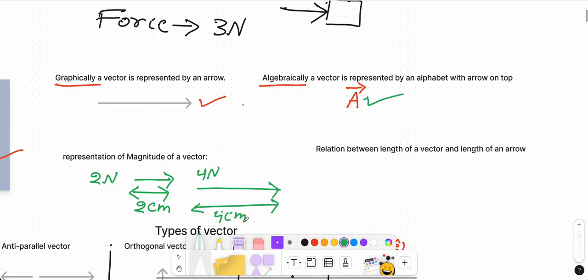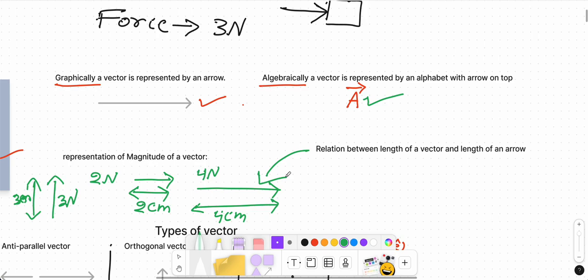Let's say I have another vector of 3 Newton force, and it is upward in direction, then I will take a length of 3 centimeter and direction is upward, and this is 3 Newton. Okay. Now this is the relation between the magnitude of the vector and the length of the arrow.